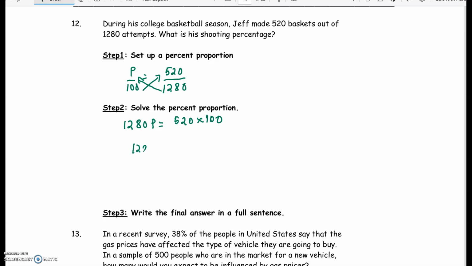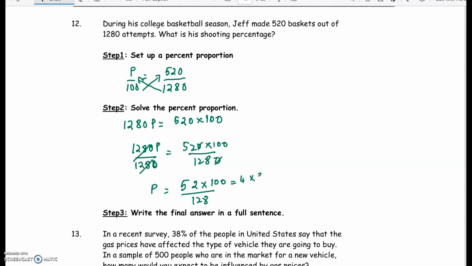Divide both sides by 1280, and 520 times 100 divided by 1280. Cancel common factors, so you get p equals, and of course you have to simplify this expression. 52 times 100 divided by 128. Four ones are 4, 4 threes are 12.